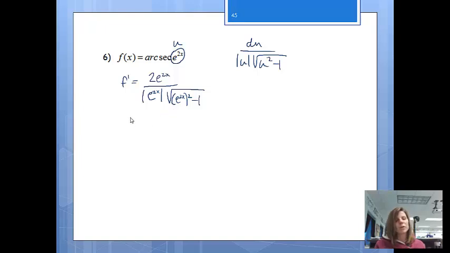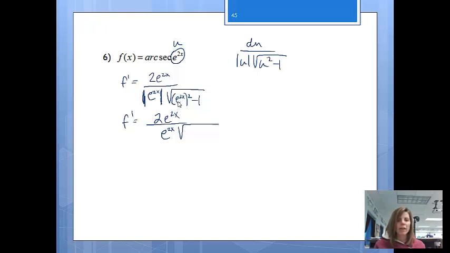Okay, a few things on this problem that we can take care of. The first thing, I'm just going to rewrite the numerator. Now in the denominator, I need to decide, are these absolute values important or not? And what I'm going to say is, we have e to the 2x. E to the 2x can never be negative. It's always a positive number. So I do not need the absolute value symbols. So I'm going to drop the absolute value symbols. And then I've got a square root.